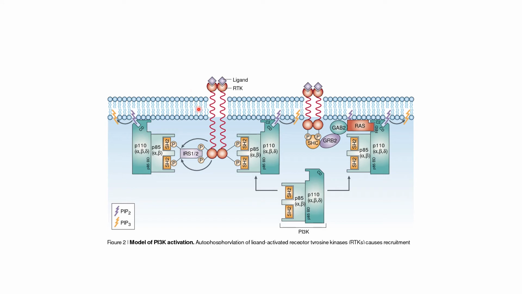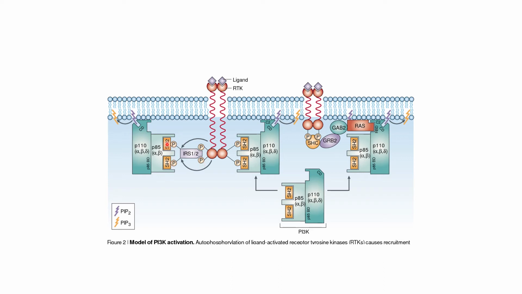This is another diagram for tyrosine kinase, in which the receptor is bound to other cytosolic proteins, like here is IRS. This IRS has 2 SH domains here.